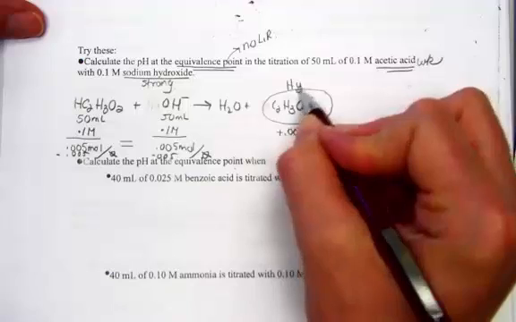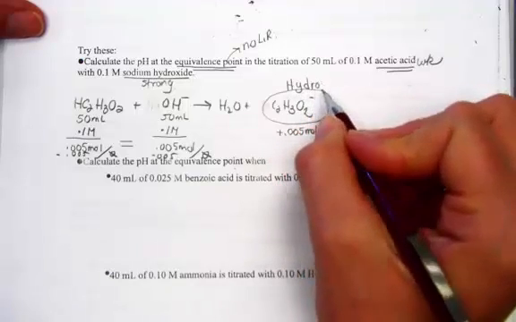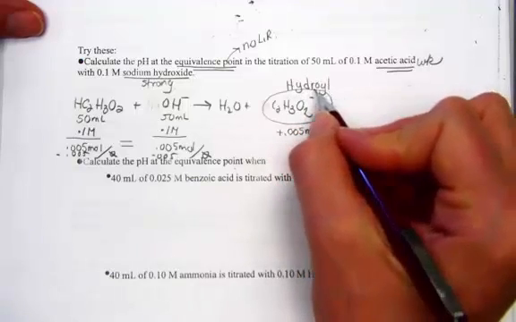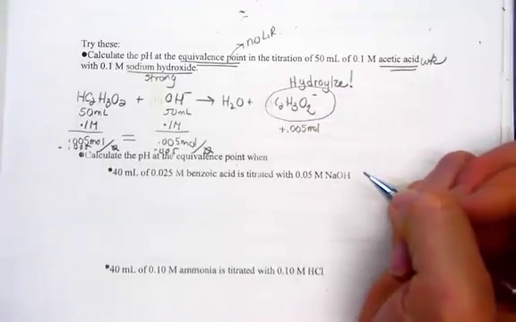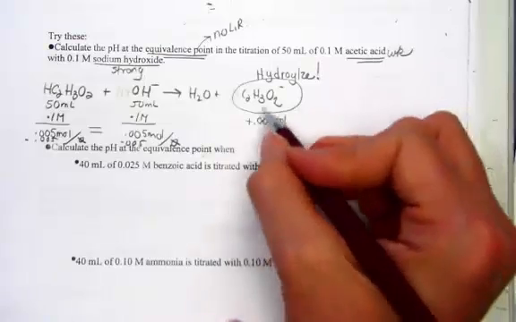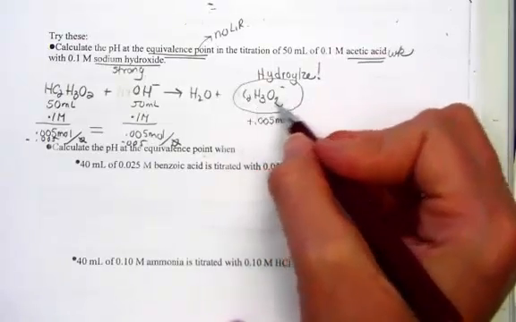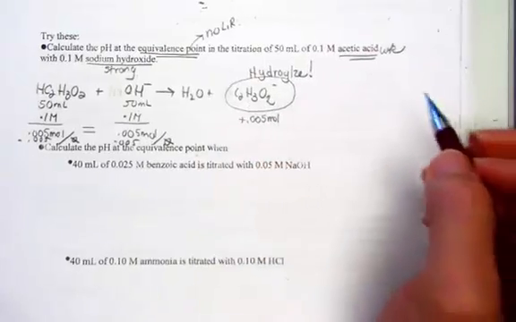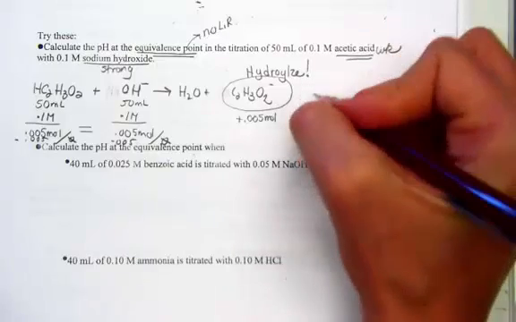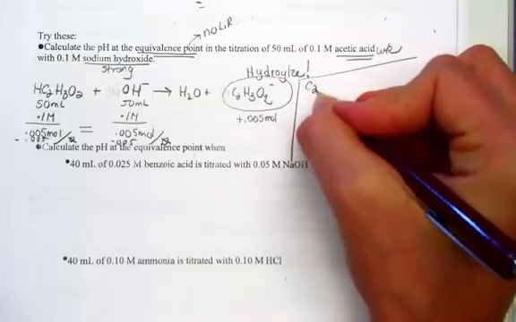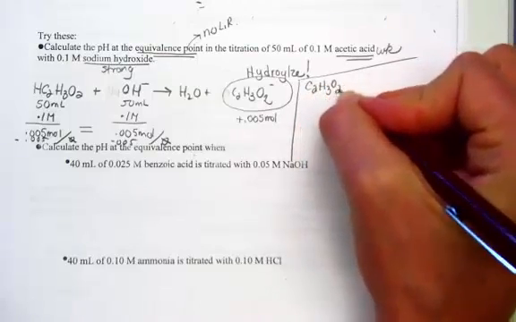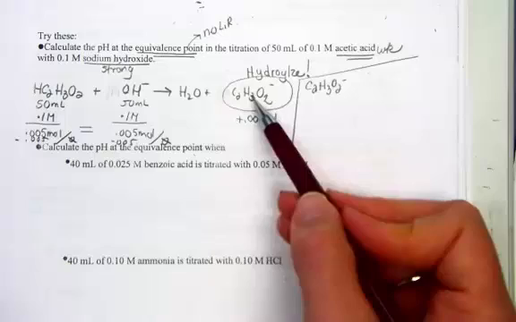This is a conjugate of a weak acid and will hydrolyze. It turns into a hydrolysis problem. So at the equivalence point, the only thing affecting the pH is this negative acetate ion, and it's doing so through the process of hydrolysis. And from our last chapter, we remember hydrolysis is when we take a salt, and this really was sodium acetate.